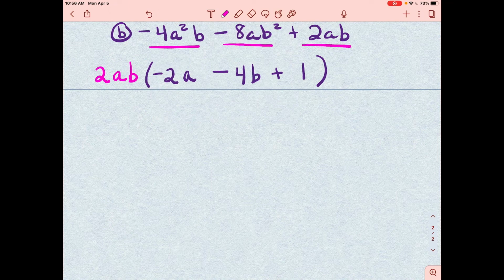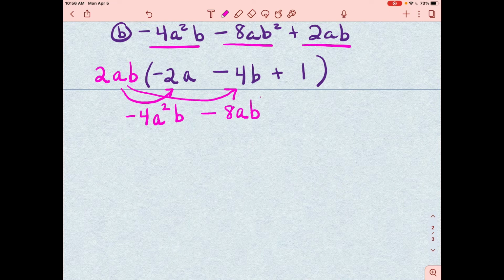So let's use the distributive property and remultiply this back and see if it worked out. 2ab times negative 2a is going to give me negative 4a squared b. I know some of you are not super comfortable with factors and multiplying with variables just yet, so keep practicing. 2ab now, times negative 4b is going to give me a negative 8, because I have negative 4 times 2, and then I have a, and then I have b times b, which is b squared.